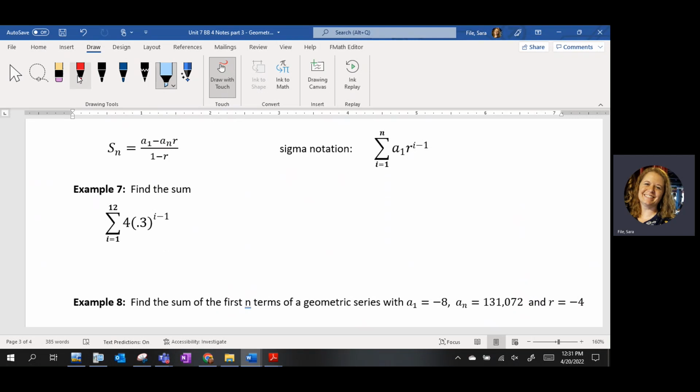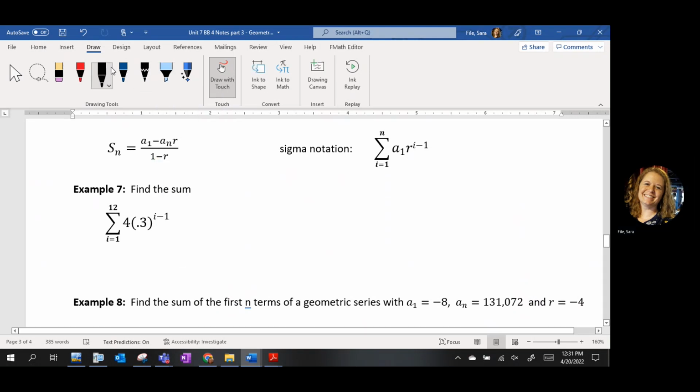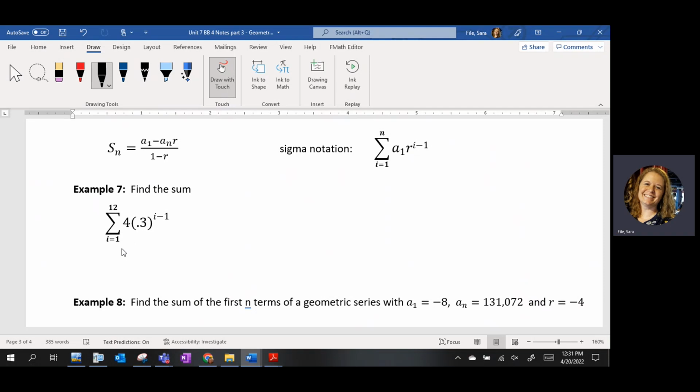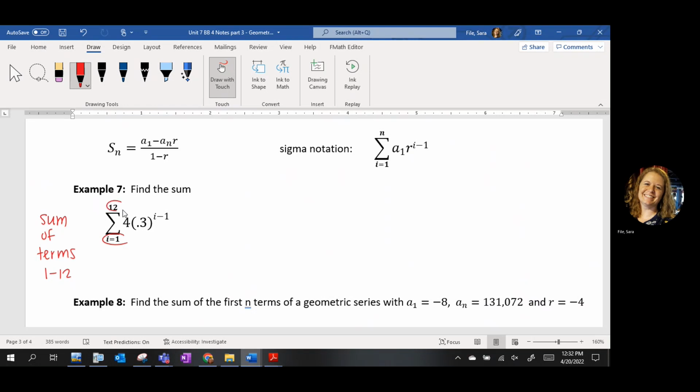So for example number 7, we're in sigma notation. I know the number of terms. How many terms am I adding here? What's this asking? Okay, so the sum of terms 1 through 12, right? That's what they're asking for? Y'all agree?